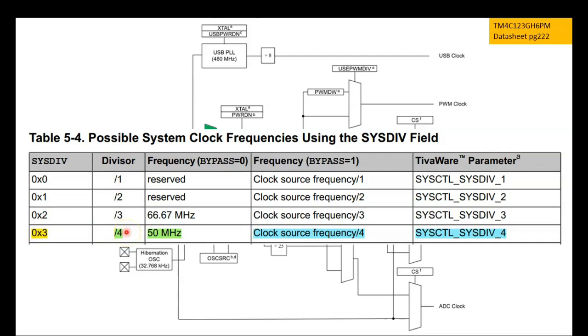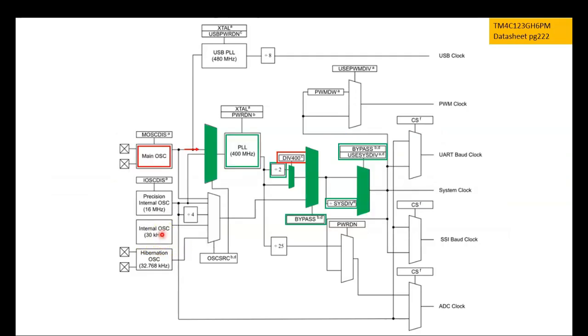Hence, if the 200 megahertz as seen earlier is divided by 4, the result would be 50 megahertz. So as mentioned just a few moments ago, 200 megahertz divided by 4 gives 50 megahertz.